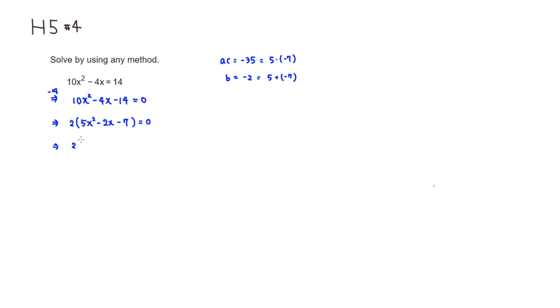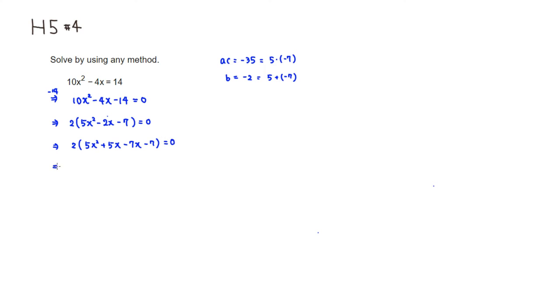You have a 5x squared, plus 5x and then minus 7x. All I did was split the negative 2x as positive 5x and negative 7x, minus 7 is equal to 0.